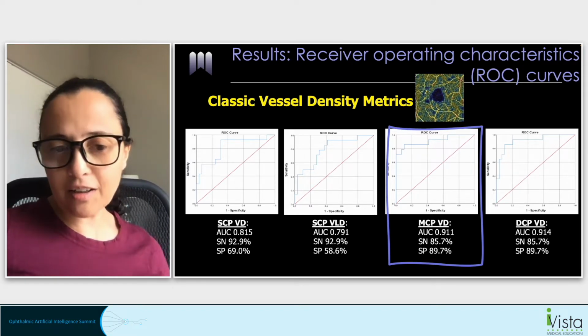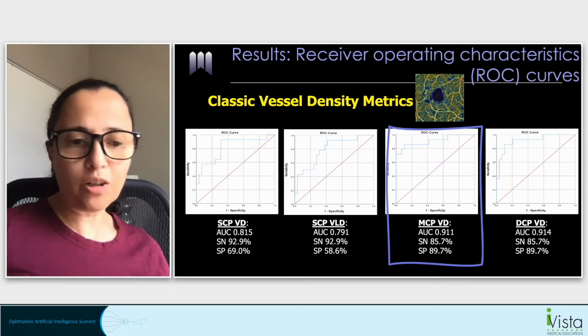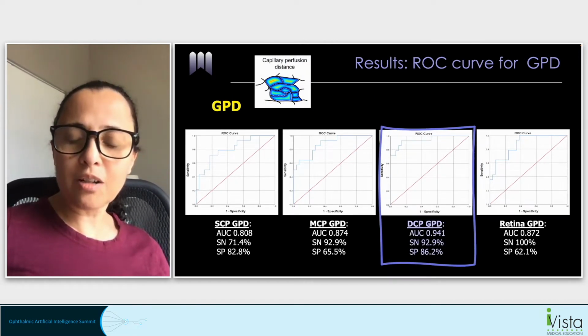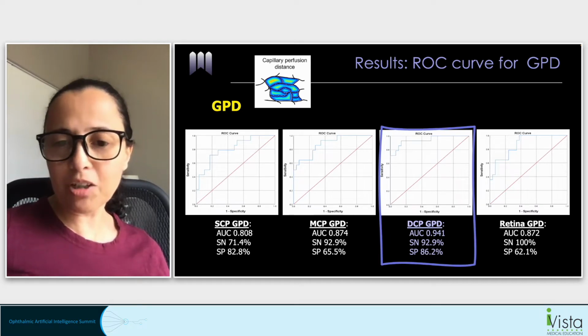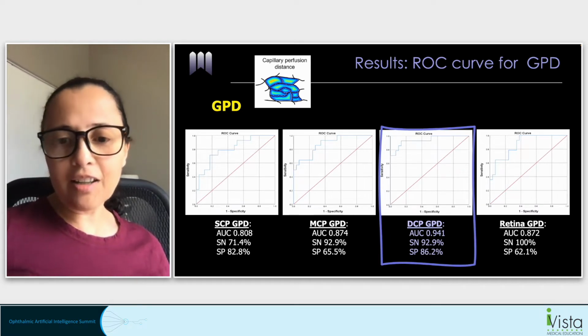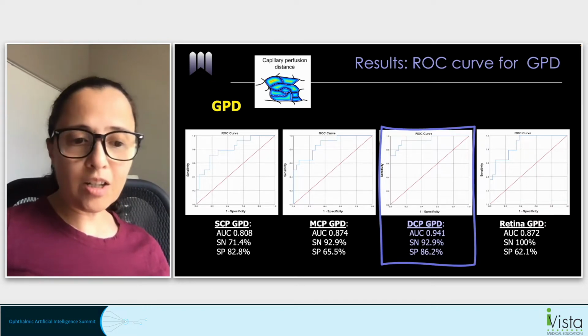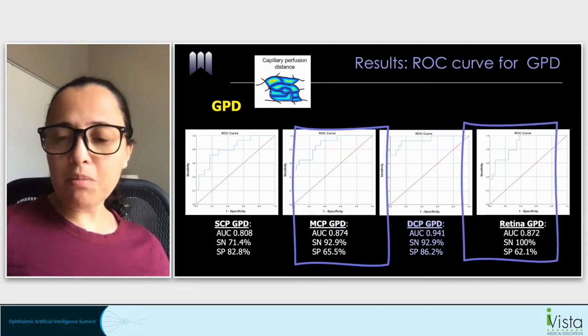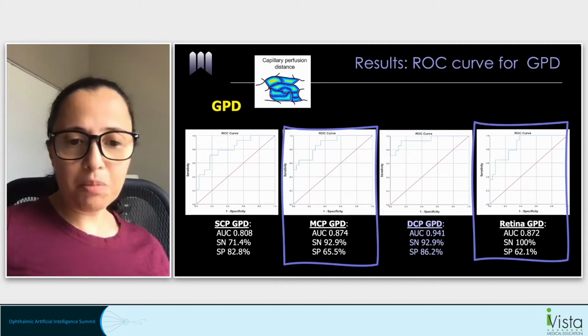So again, in the deep complex, that was where the money was. And when we looked at the GPD metric, it was similar. The DCP had the highest metric, and here it was slightly higher than when we looked at vessel density alone. The AUC was 0.94. And the second best were again the MCP and the whole retina GPD.